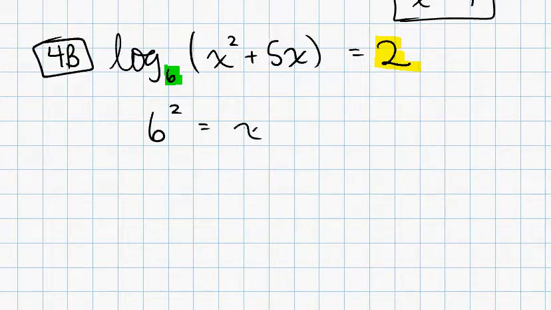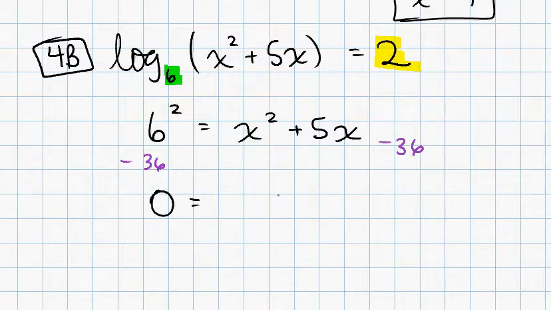It equals the argument, the stuff in parentheses, x squared plus 5x. It's a quadratic. 6 squared is 36. So we are going to subtract 36 from both sides, because in order to solve a quadratic, it has to equal 0 so that you can factor it or use the quadratic formula. So 0 equals x squared plus 5x minus 36.